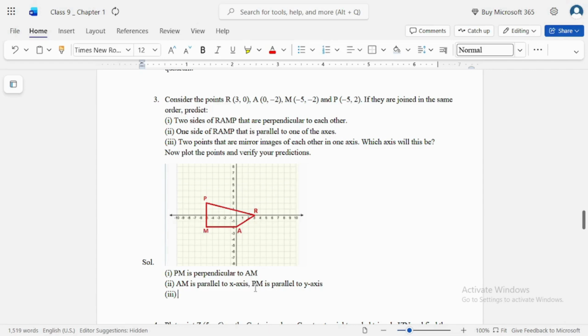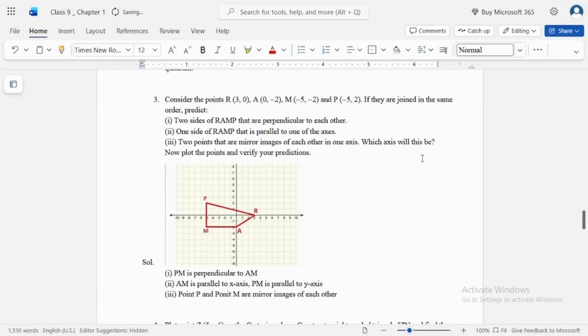Okay, coming to part number 3. Two points that are mirror images of each other in one axis. Which axis will this be? So mirror images are (-5, -2), which is point M, and (-5, 2), which is point P. Point P and point M are mirror images of each other.